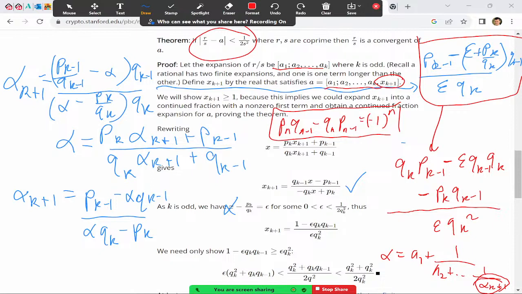Oh yeah, so it's kind of an abuse of notation then.